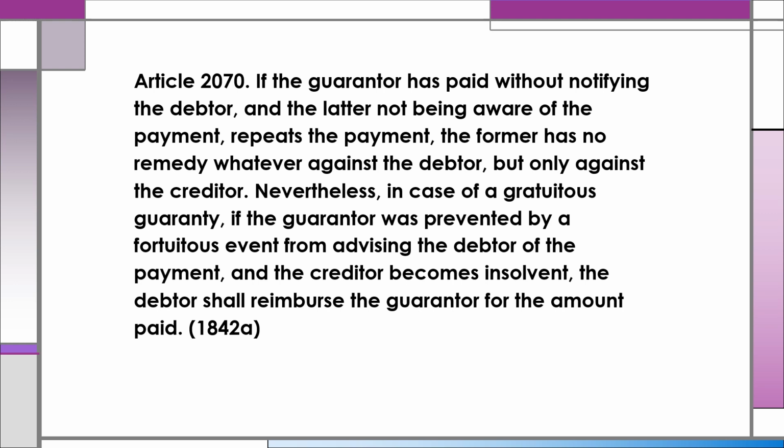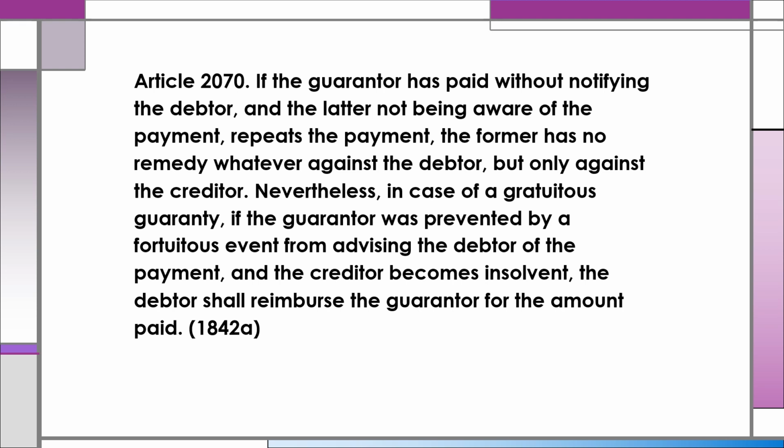So, ano yung elements para makasingil siya kay debtor? Number one, that the contract of guarantee is gratuitous. Number 2, that he was prevented from informing the debtor of the payment by reason of fortuitous event. Number 3, that the creditor becomes insolvent.